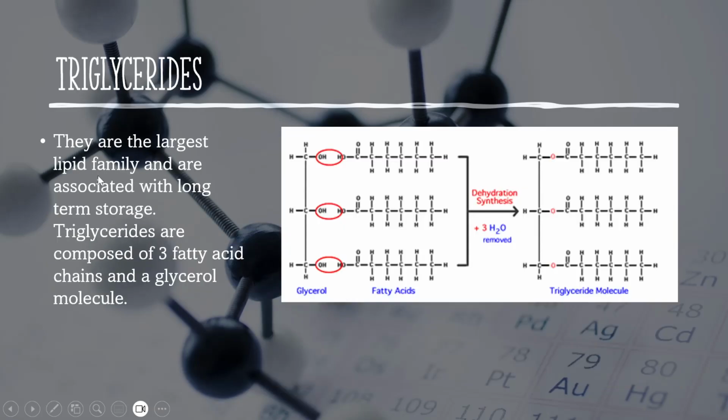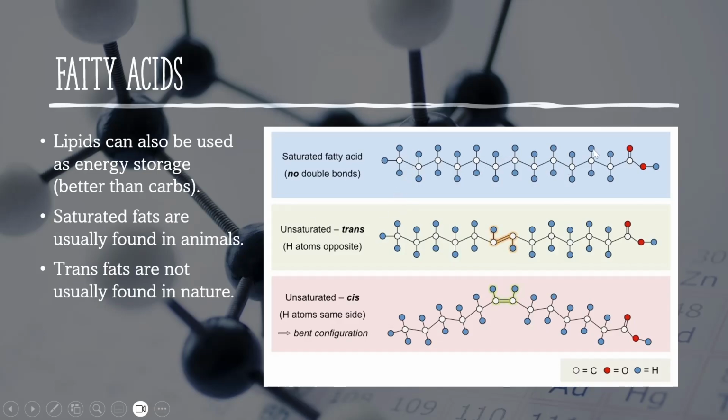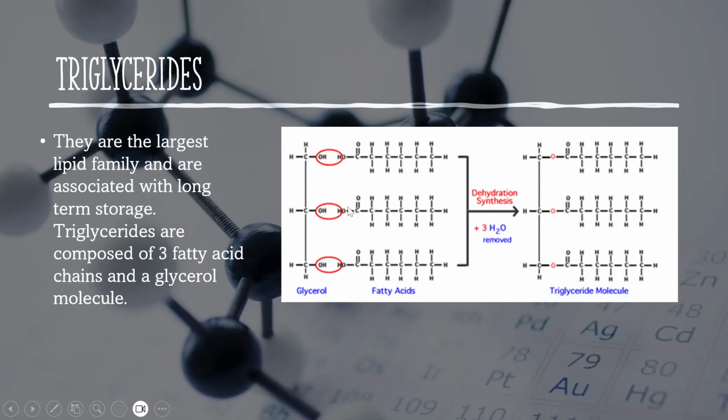And then you have triglycerides. You have to know about triglycerides. These are the largest of the different lipid families. They're associated with really long-term storage. You remember I was just talking about how saturated fatty acids are able to stack onto each other really well, and that's why they're able to be stored really well. It's these long hydrocarbon chains. They're really stable and able to stack. You'd see that here, really long hydrocarbon chains that are easily stackable.